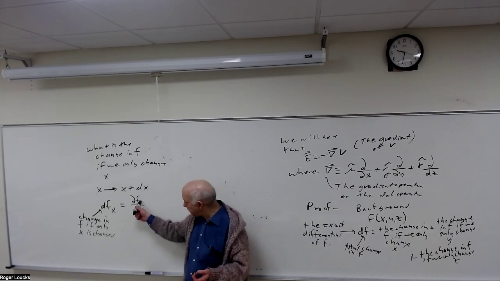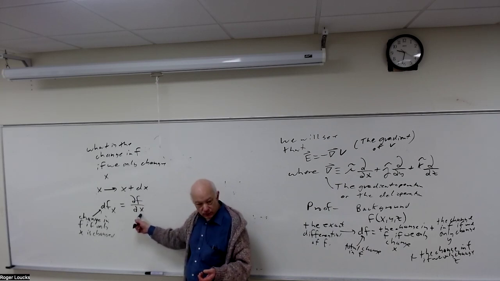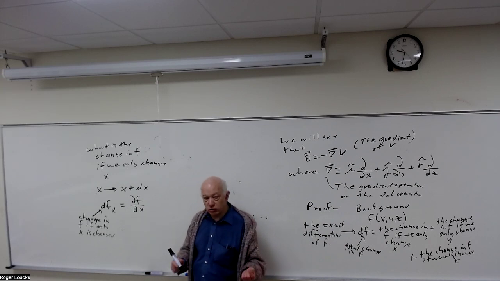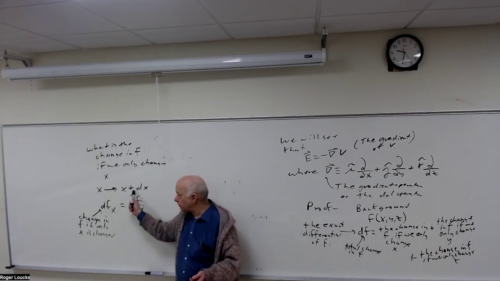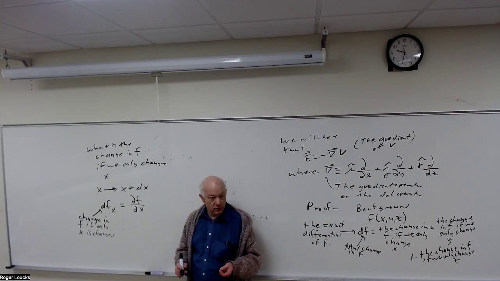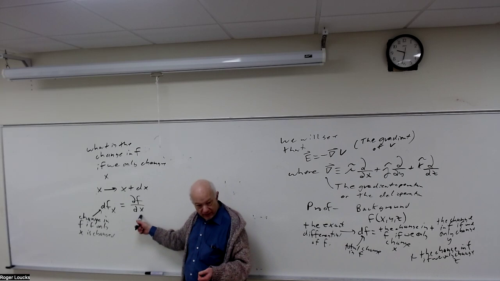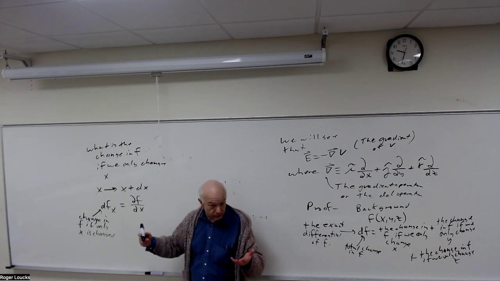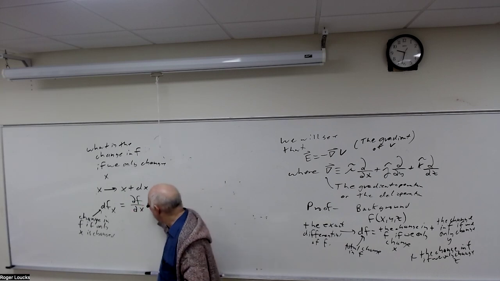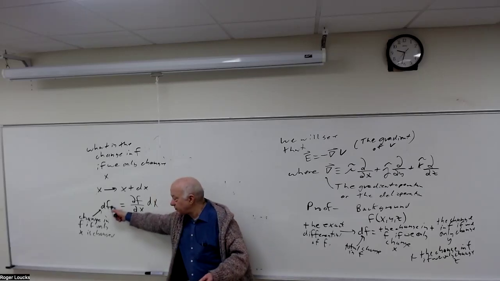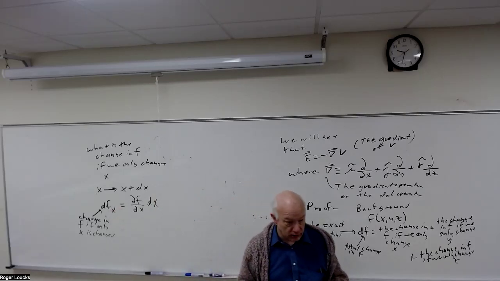So this is how much f changes if you only change x. Okay, so how much are we changing x by? From here to there, so that we're changing x by dx. So if I know how much f is changing if I only change x, the rate of change of f with respect to x, but then multiply this by the change in x, that has to be how much f is changing if I only change x. That makes sense?